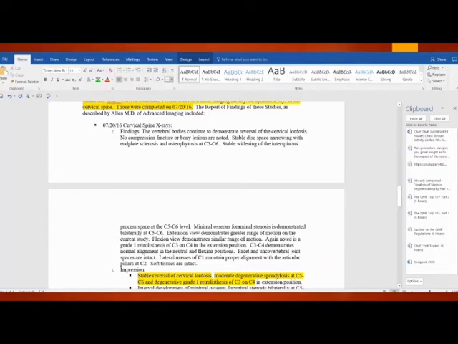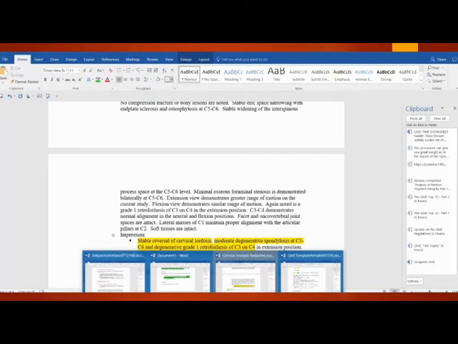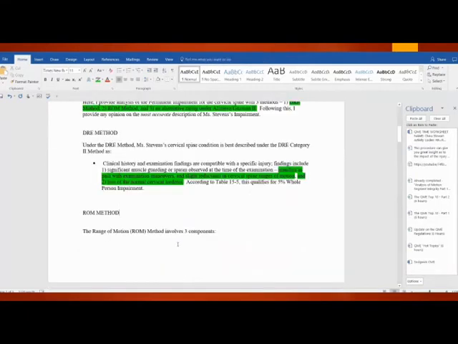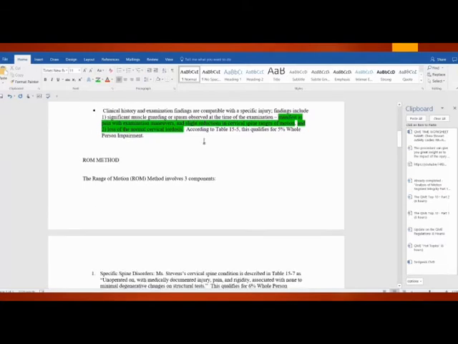Okay, in this case, the medical radiologist did not refer to the cervical lordosis as being due to muscle spasm, but many times they do. So you can consider a loss of the normal cervical lordosis to be a radiographic finding for muscle guarding and or muscle spasm. So according to the DRE2, that qualified for 5% impairment.